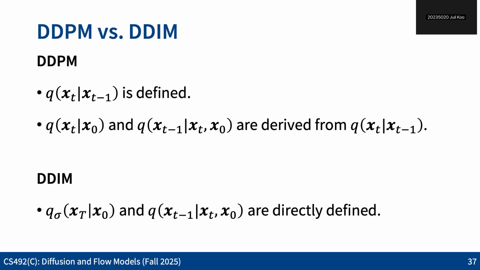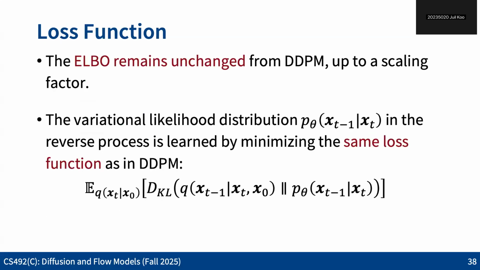So in terms of that, we are seeing an easier generalization, right? We are now directly defining these two. Even if these two may not give any closed form for the transition distribution, it doesn't matter, right? Because based on these two, we can still define the full forward process, and based on that, we can also define the reverse process. So that's the key idea.